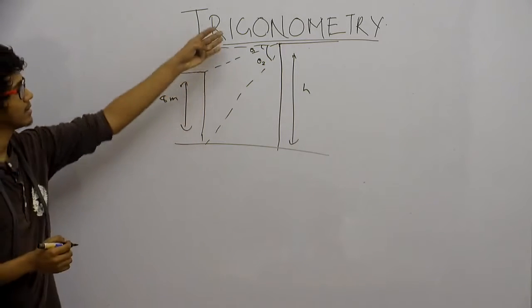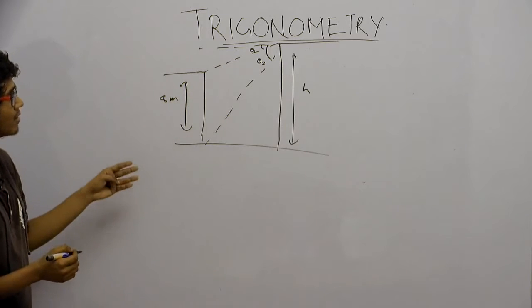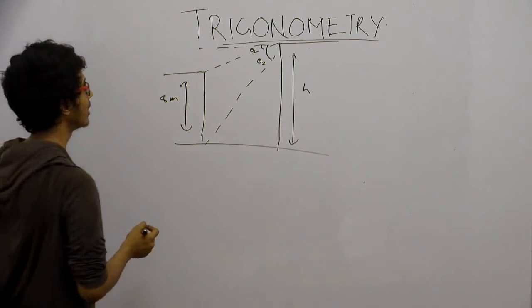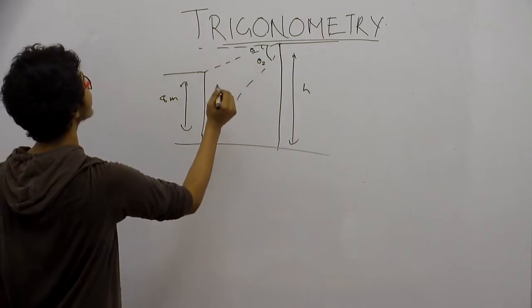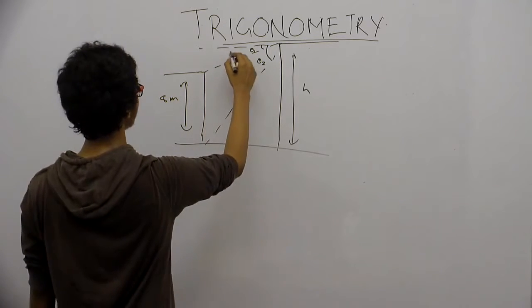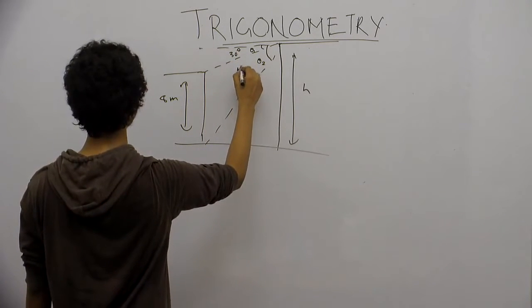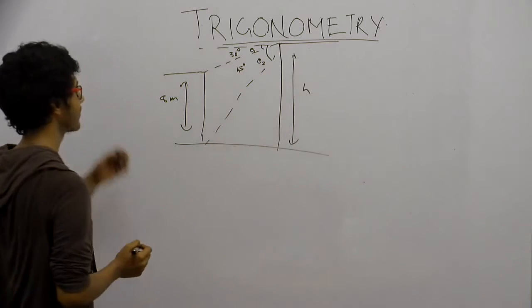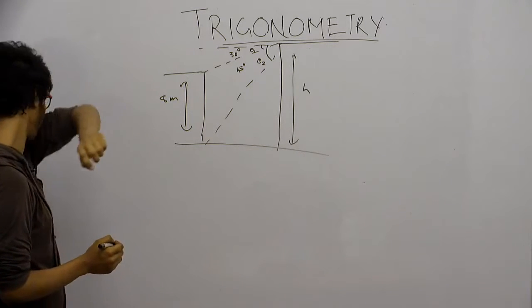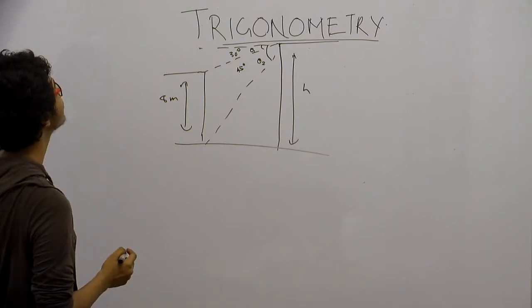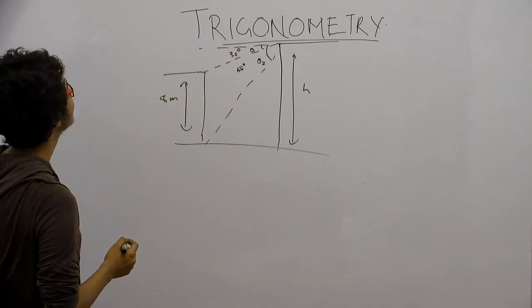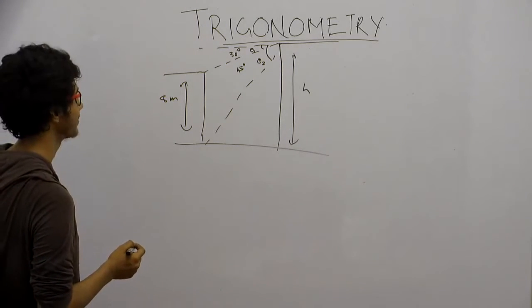Since the line of sight is going down, we call it the angle of depression. We are given that these two angles are 30 degree and 45 degree. So we have to find the height of the multi-story building and the distance between the two buildings.